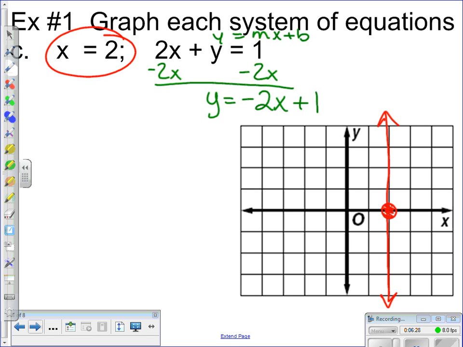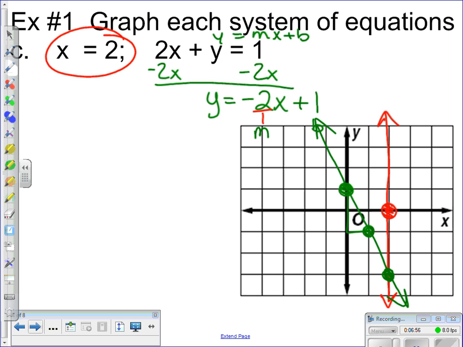So 1 is your b, so that's where you want to start on the y-axis. The negative 2 is your slope, so make it a fraction over 1. That's your slope, m. So from the green dot, go down 2 over 1, put another dot, then go down 2 again over 1, then connect your points.